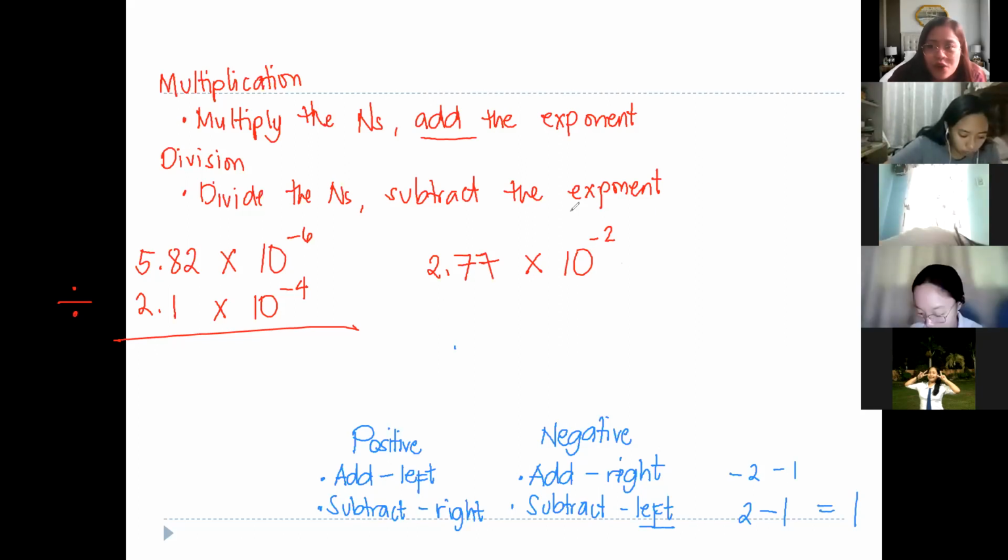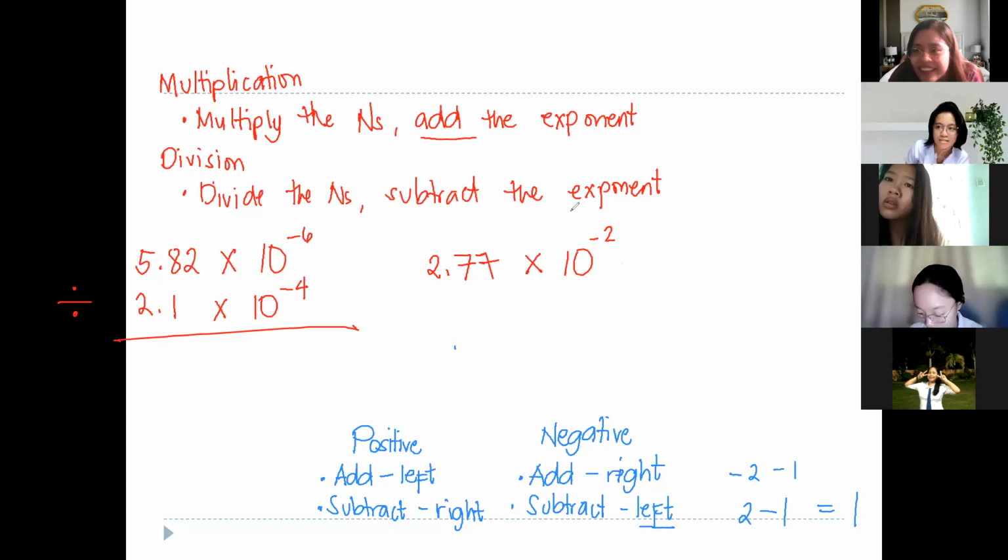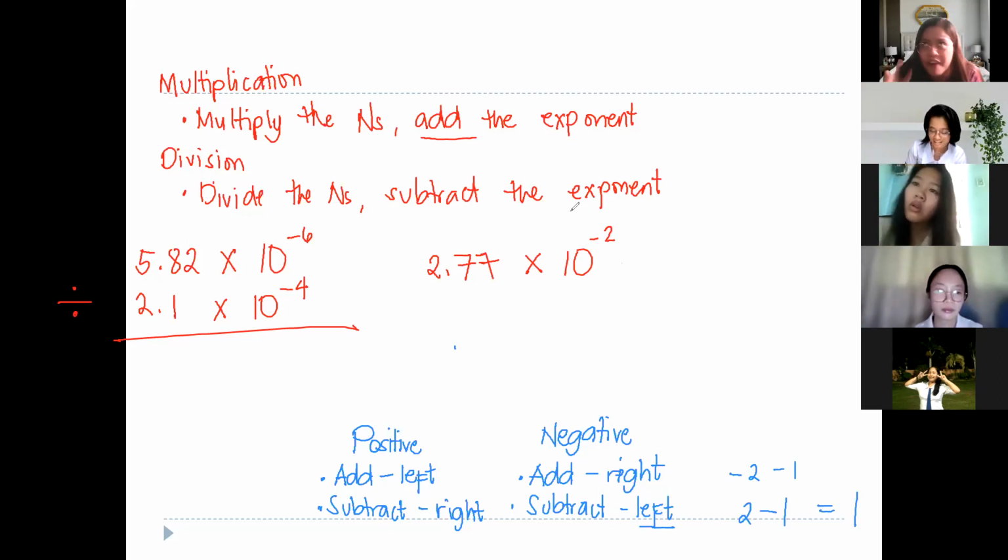Now question. Is this the final answer? No, ma'am. 2.8 dapat, ma'am, kung i-follow ang rules of significant number. Okay, pag mag-follow tawag rules sa significant figures, we really have to round off. But so far, for example, we are not yet following the significant figure. Should we move the decimal point or okay na ito siya? Okay na po, ma'am.